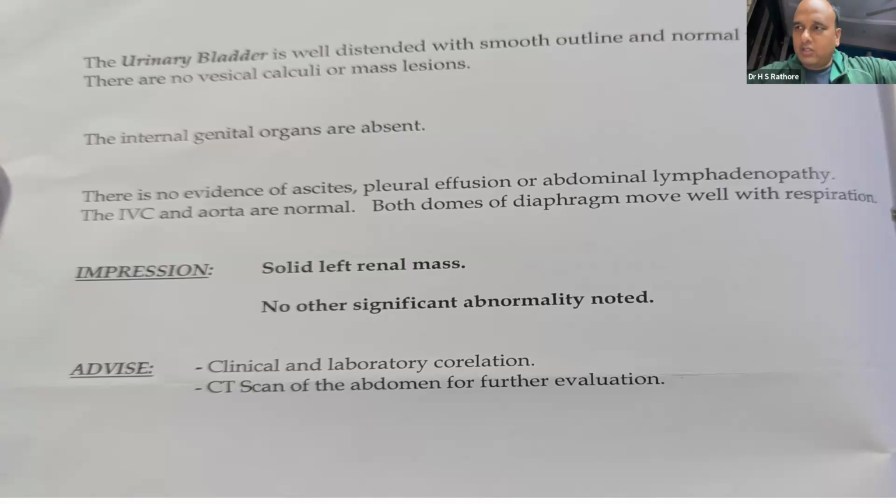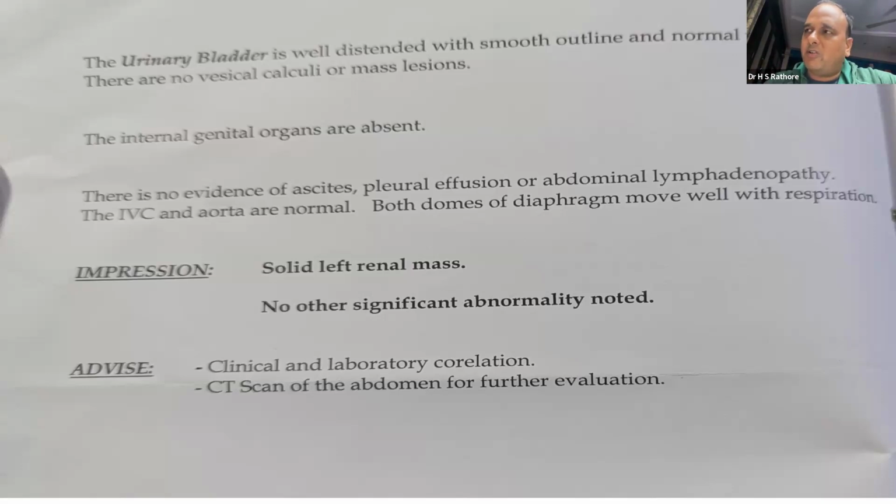Sir, I want to see in CT the size of the mass and its involvement. Is it involving the PCS or not? The extension of the mass, and is it involving the renal sinus or not? I want to see whether there is renal vein thrombosis or not. I want to see if the mass is endophytic or largely exophytic.